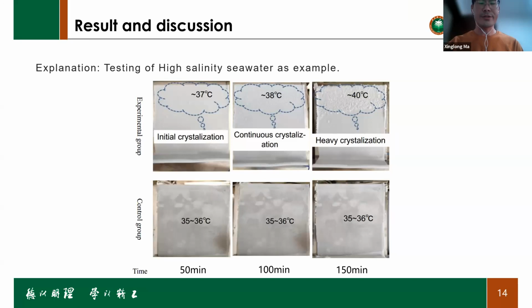This is because the salt has large thermal conductivity, which makes the temperature of the interface higher. However, when salt accumulation is more, like the photos of 100 minutes to 150 minutes, the salt crystal will prevent penetration of seawater. In this case, even though the temperature is higher, the evaporation rate becomes lower.